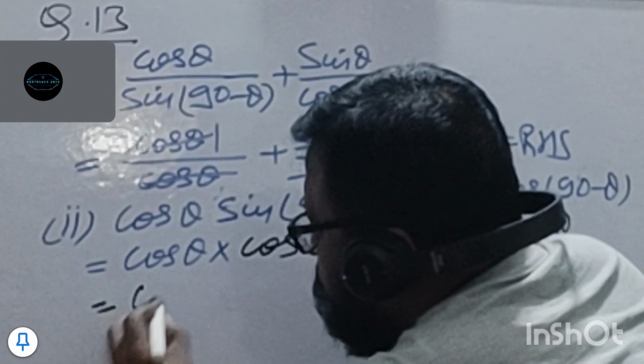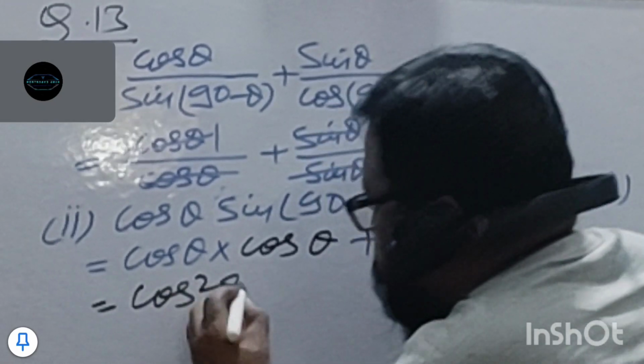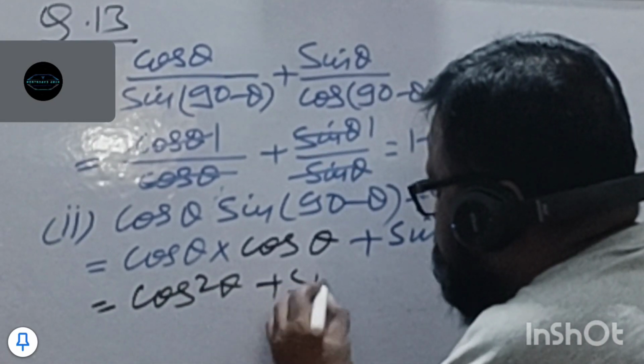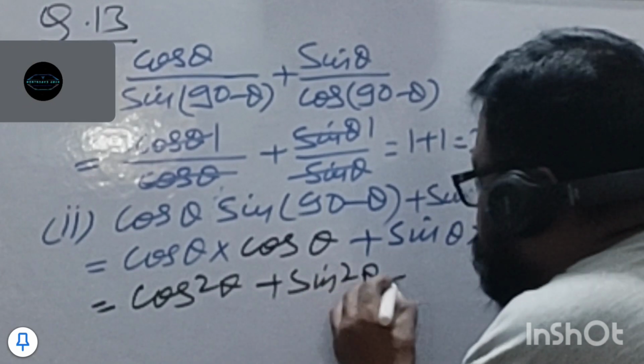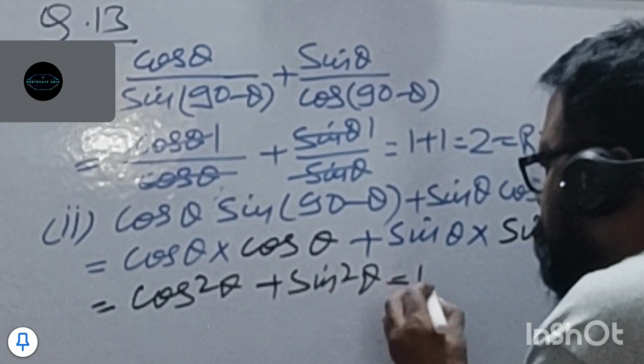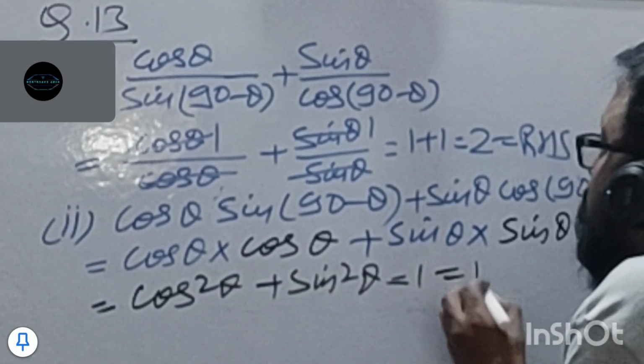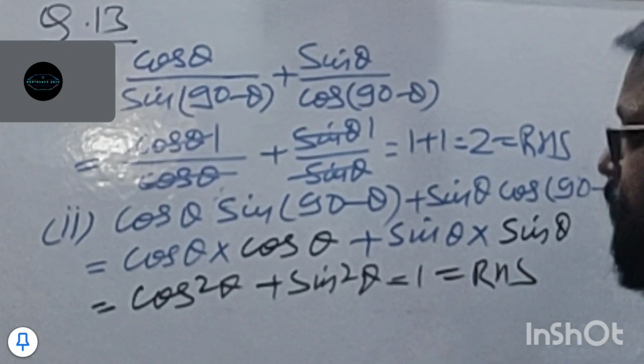So now we have cos square theta plus sine square theta, and we know cos square theta plus sine square theta is equal to 1, so it is RHS.